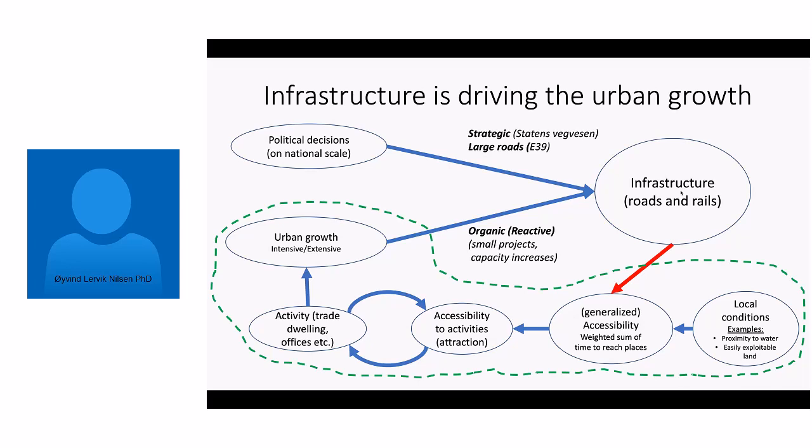The attraction is basically how we say that the attractiveness of a place is dependent on how much activity you can reach, how much other attractive places you can reach. If you are, for example, located in a city center, then you can reach a lot of places, but you can reach a lot of places that also have a good location.